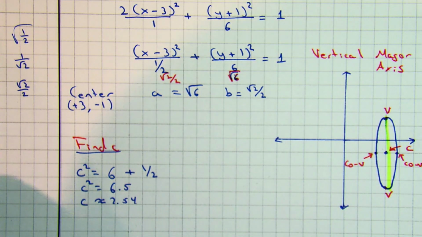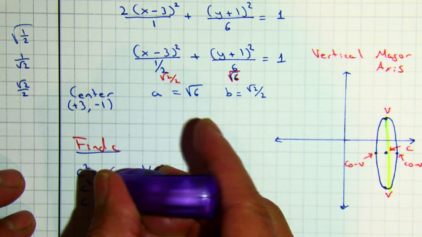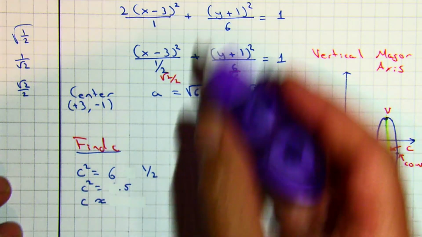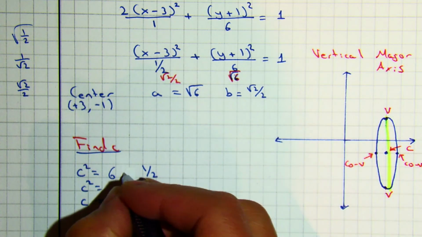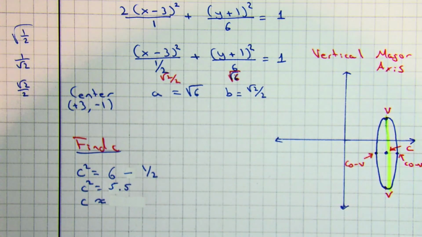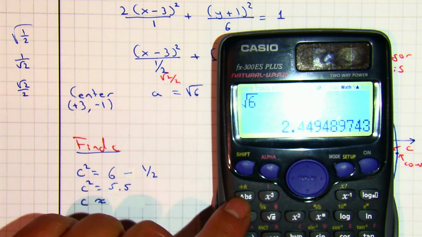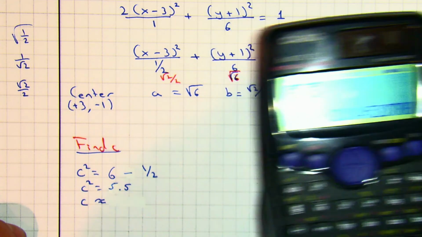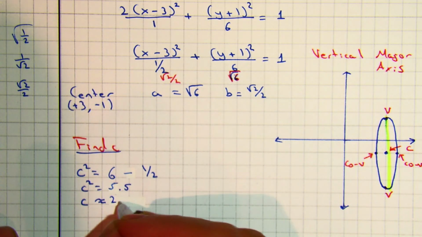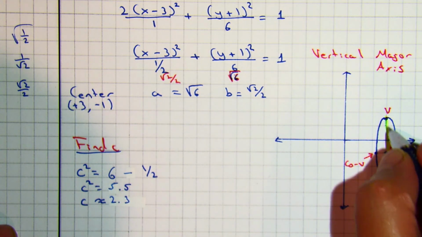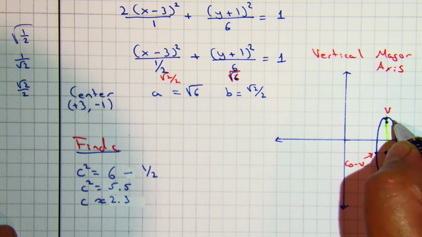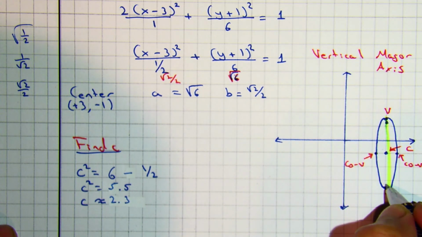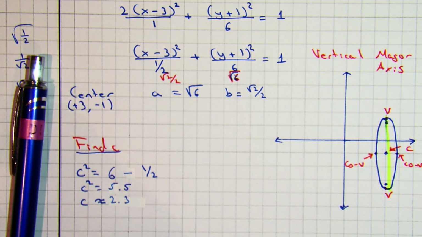So let me go and fix that. That should be minus 0.5, and that should be a different number. Therefore, that'll be the square root of 5.5, which is just a bit smaller, which is 2.34. So 1, 2.3. That'll be your focus. 1, negative 2.3, and that'll be your other focus.